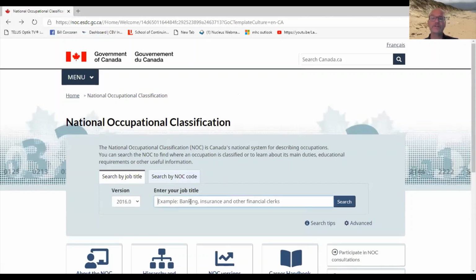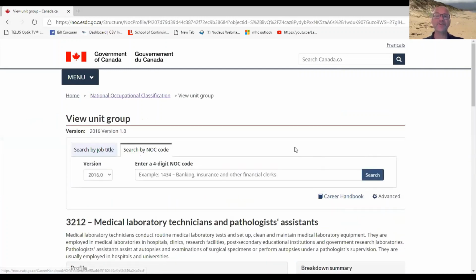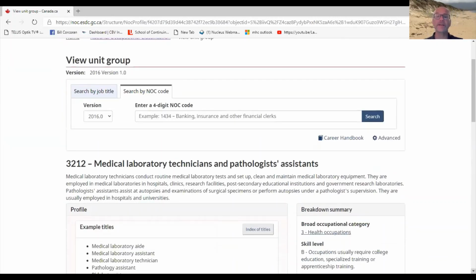All right, so enter your job title. Let's see if we can find out what a phlebotomist does. What a great word. How do I spell this? P-H-L-E-B-O-T-O-M-I-S-T. And for those of you who don't know what a phlebotomist is, one who draws blood, kind of like Dracula, except in a more professional setting, you actually get paid for this.